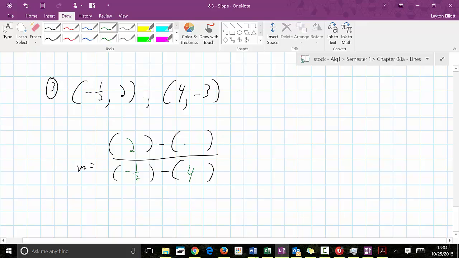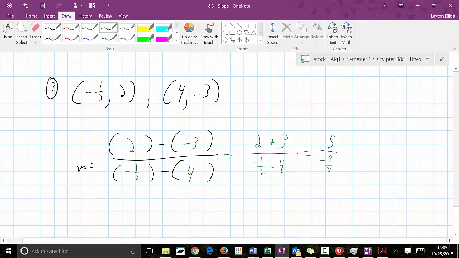And then 4 and -3. Let's do my addition. I've got 2 plus 3 over -1/2 minus 4. 2 plus 3 is 5, and -1/2 minus 4 is -1/2 minus 8 halves, or -9 halves.